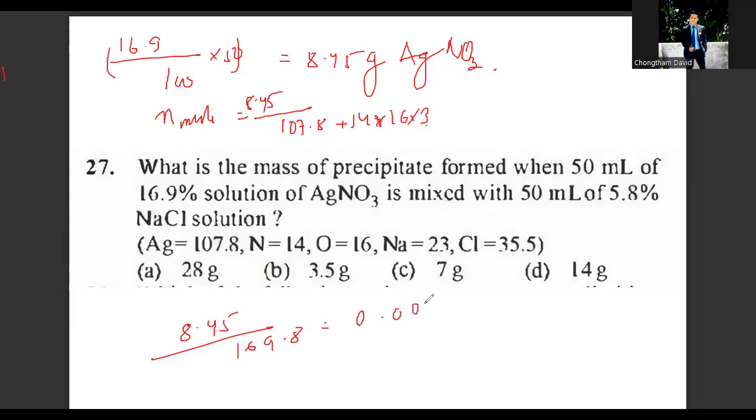So approximately you'll be getting 0.497. Fine. So this 50 ml of 5.8% solution of sodium chloride will contain 5.8 divided by 100 into 50, which will be 2.9. So number of moles of sodium chloride would be approximately 0.0495. And for silver chloride and sodium chloride, when they react, the number of moles will be the same. And you can find from the answer, question number 27 is option C.